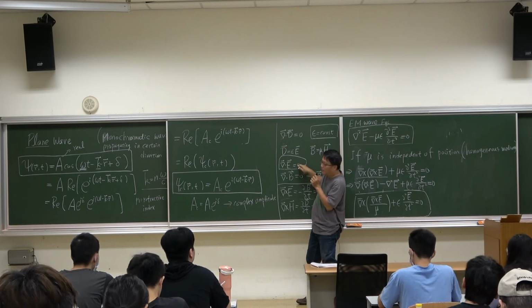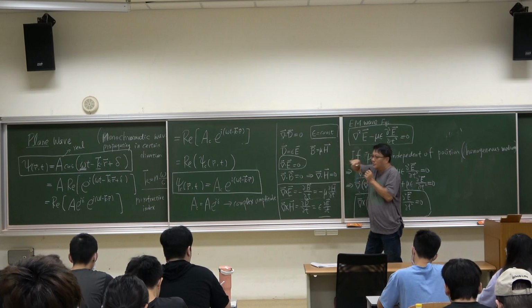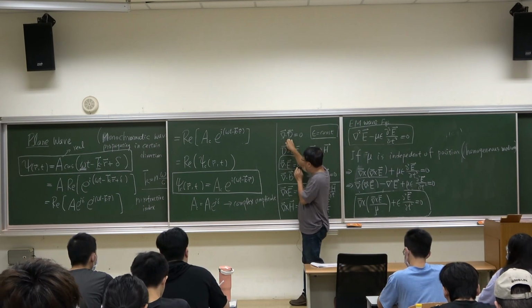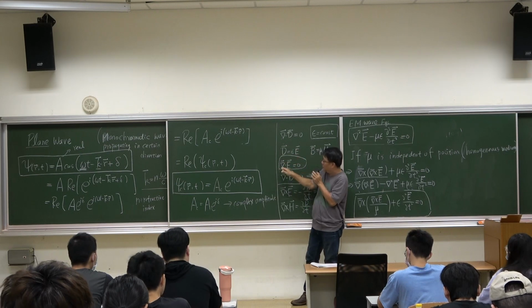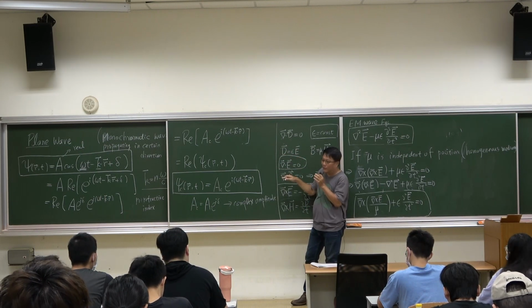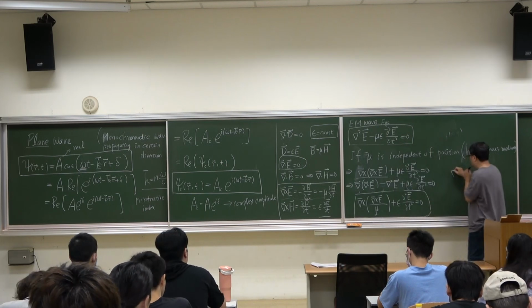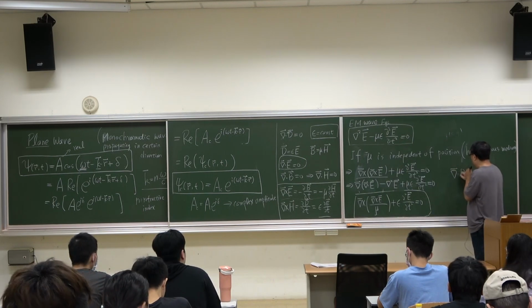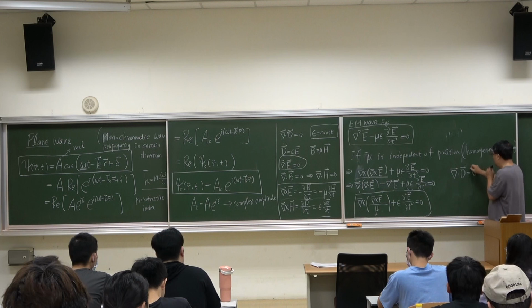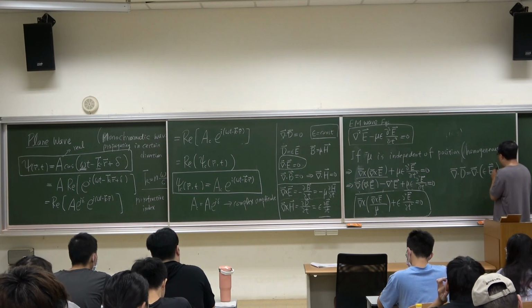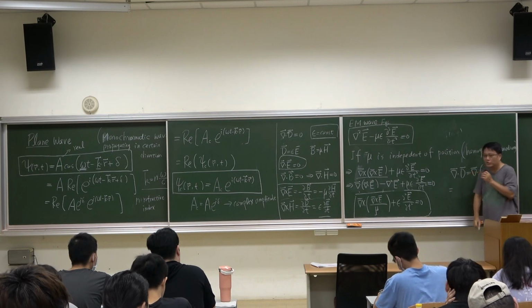Okay? If epsilon is not constant through the whole medium, then we cannot factor out epsilon from D. Okay, this equation will become this divergence D is divergence epsilon E. It contains two terms.